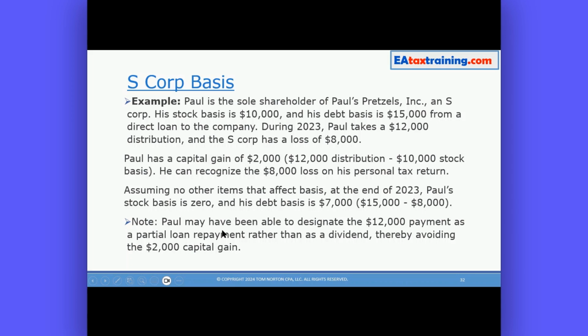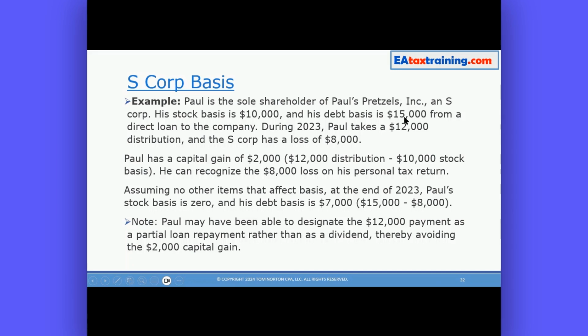And then note here that Paul may have been able to designate the $12,000 payment as a partial loan repayment rather than as a dividend, thereby avoiding the $2,000 capital gain. So if he had done a little bit of tax planning, he could have said, okay, instead of taking a $12,000 dividend or distribution, I'll just use that $12,000 to pay off this $15,000 loan.